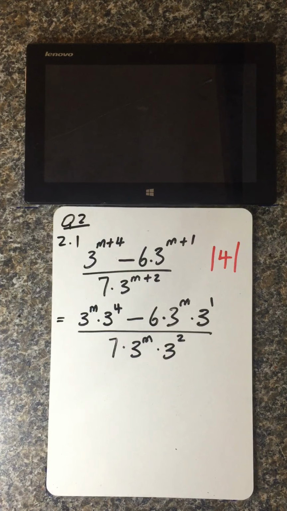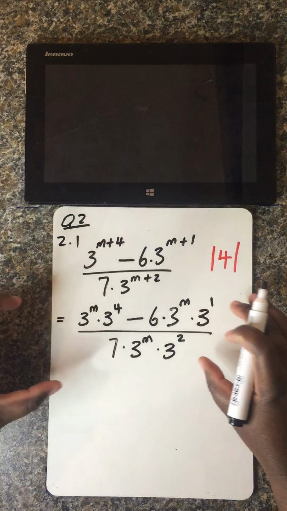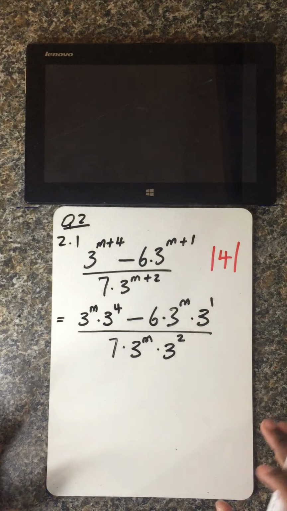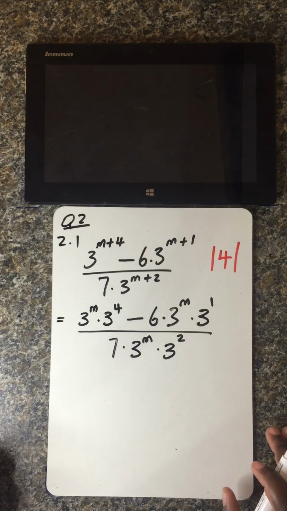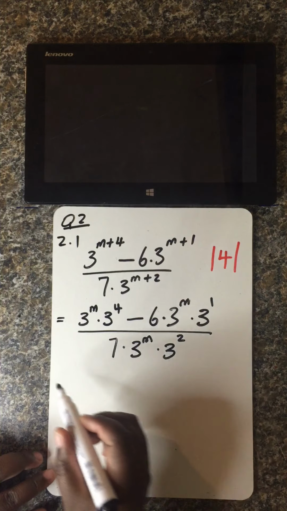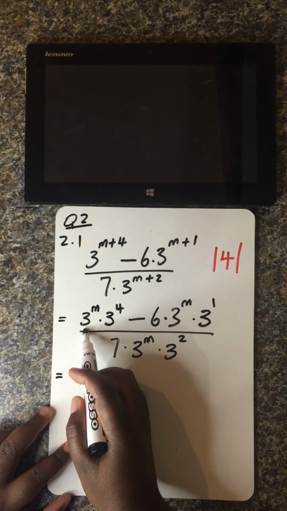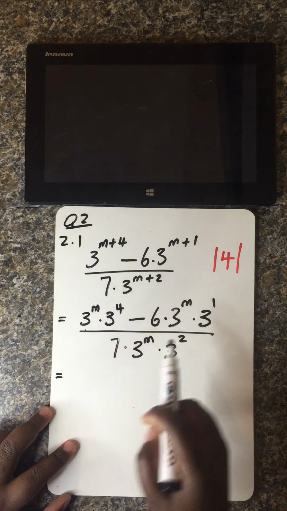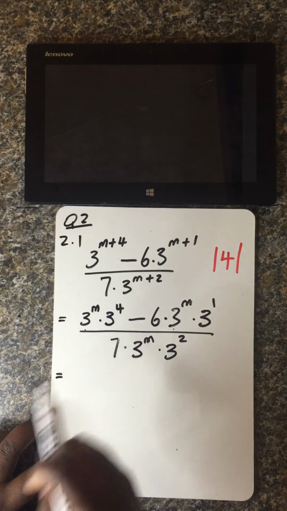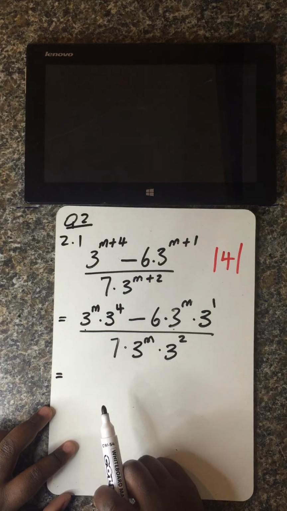What we're actually doing is expanding that 3 to the power something in a different form, which is still the same, just by applying those basic rules. As you can see, we've got 3 to the exponent m there. Can we not take out that 3 to the exponent m as a common factor?